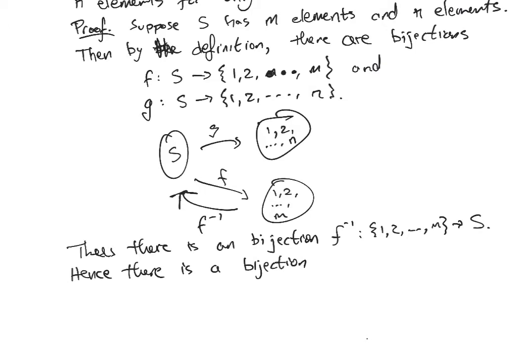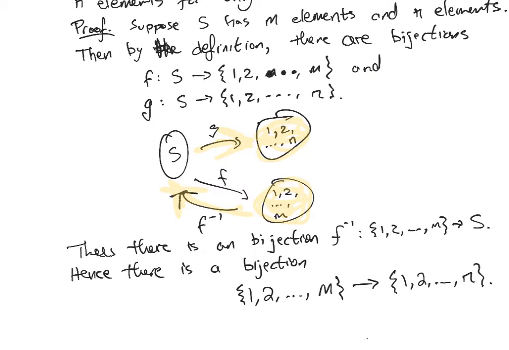Now, I'll write down what we want it to map from and to first. If I want this bijection to go from 1, 2 up to m into 1, 2 up to n, then I want to start down here, follow F inverse, and then follow G, and end up here.